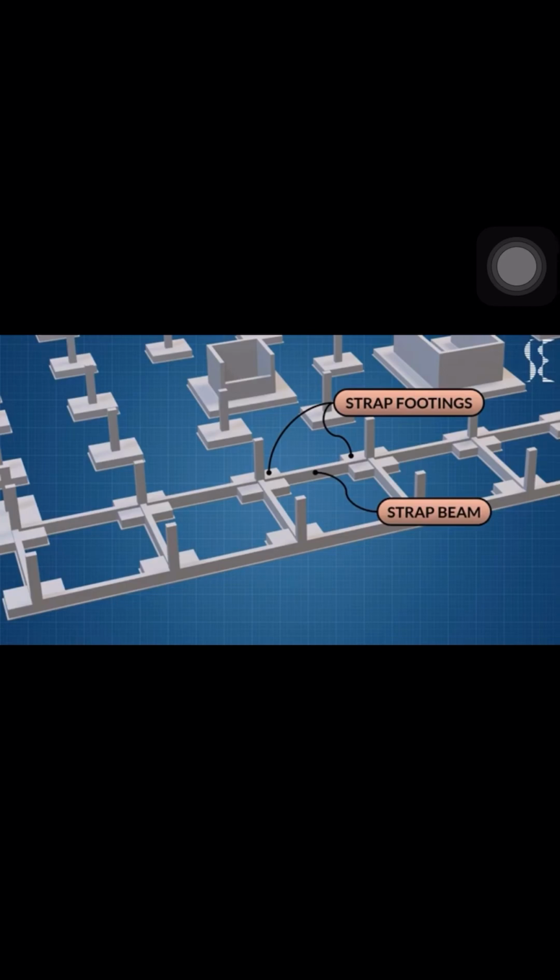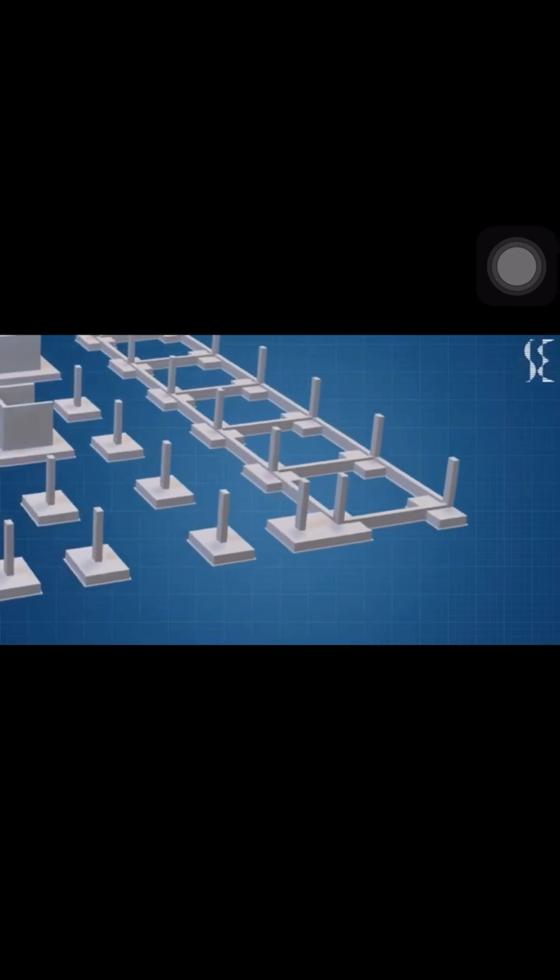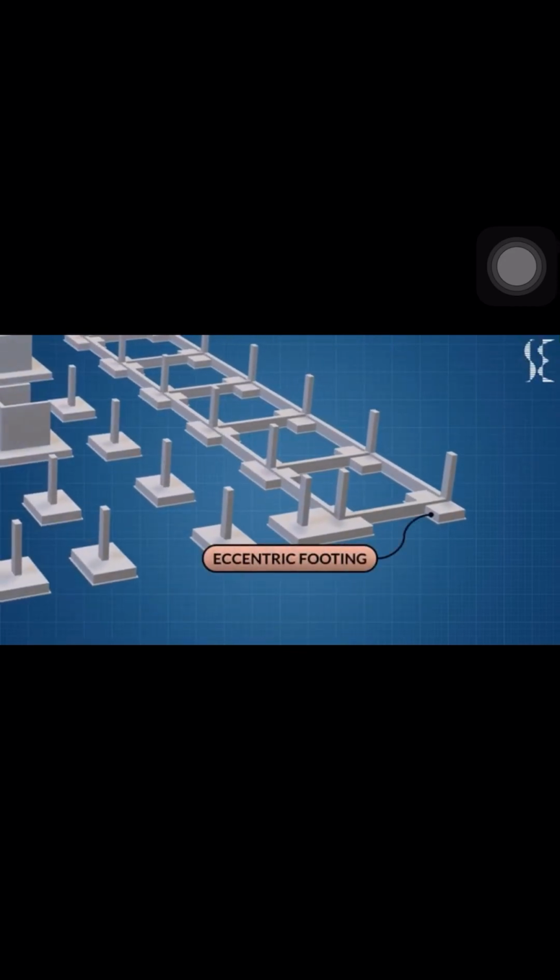Combined footings are used for closely spaced columns, merging isolated footings into one pad for better load distribution. Strap footings connect isolated footings with a strap to manage heavy off-centered loads.